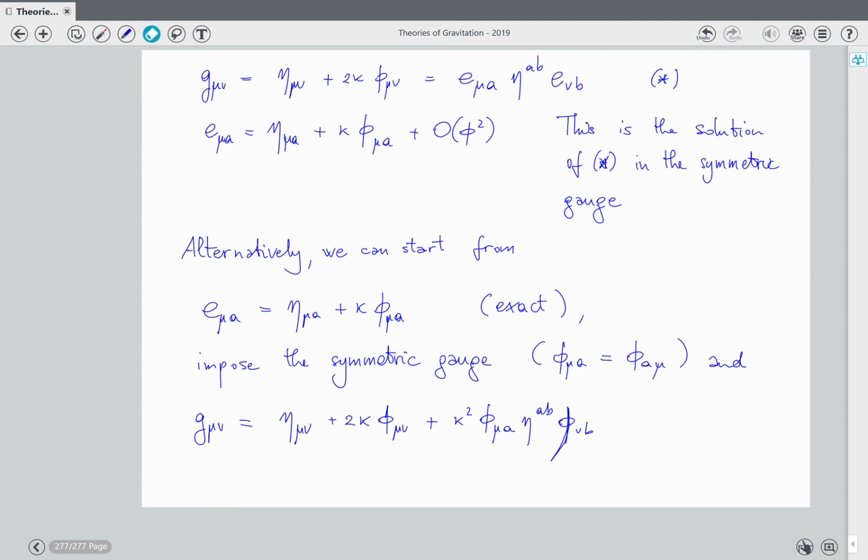And that's exact, but it contains these quadratic terms. Okay, that's also exact. You don't have an infinite thing, but you have to deal with non-polynomial things with gravity.